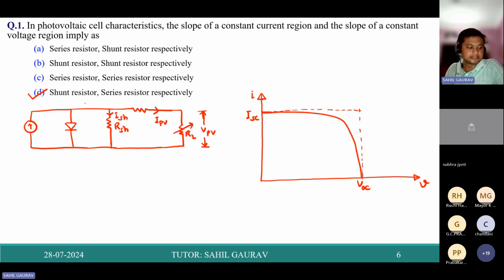And then we have the diode current, and this is the photocurrent IP, or you can write I light.